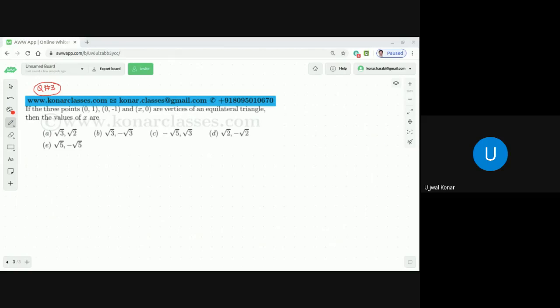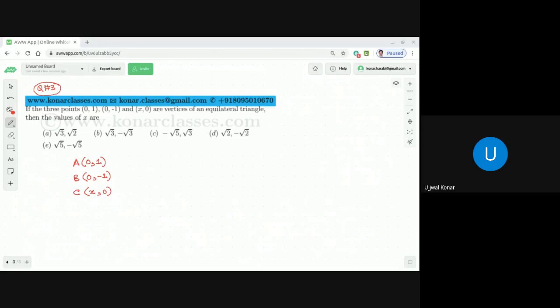So as these 3 points are the vertices of an equilateral triangle, if we name these 3 points ABC, then what are we going to get? Suppose we give this point A as 0, 1, B as 0, minus 1, and C as x, 0.